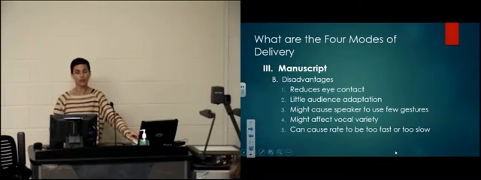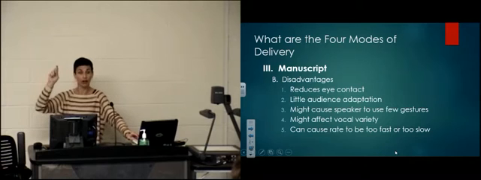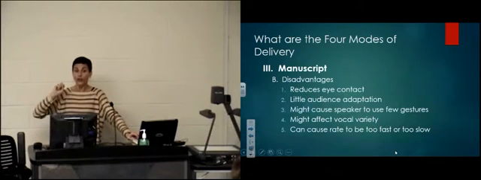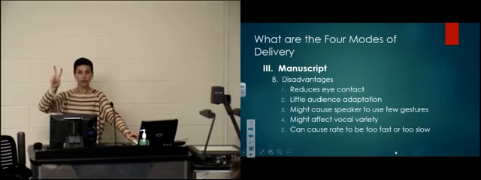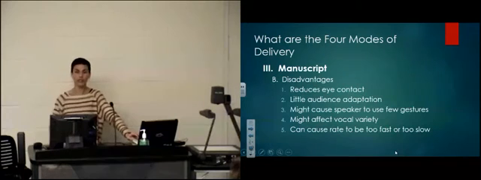But what you need to include is the author's name. So you need to have author. You need to have the title of the work or the title of the website. That's the second thing. And the third thing you need to have is the date that it was published or the date that you accessed it.